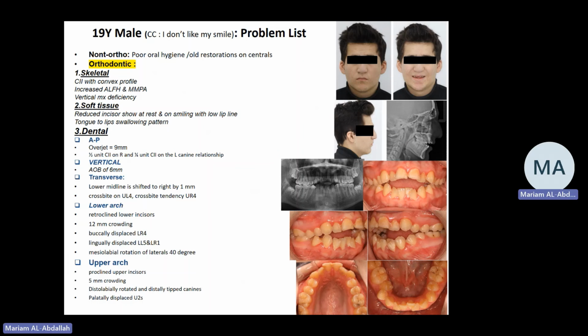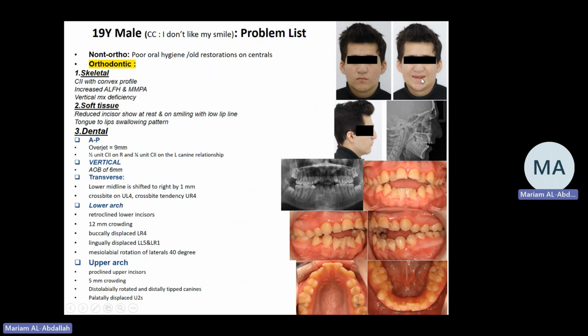The other example here is a patient who's an adult, 19 years old. His chief complaint is, I don't like my smile. You can see as the patient is smiling, normally we will have full clinical crown showing on smiling, plus minus 1 millimeter of gingiva show is considered acceptable, it's considered normal.